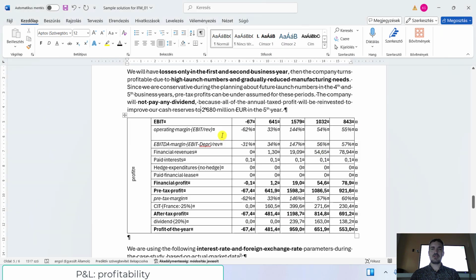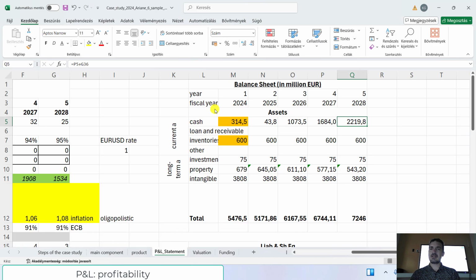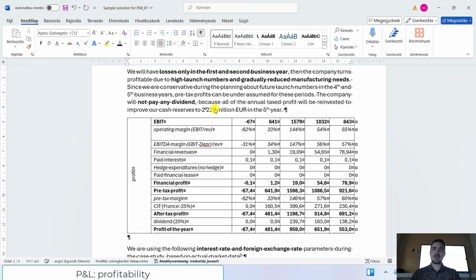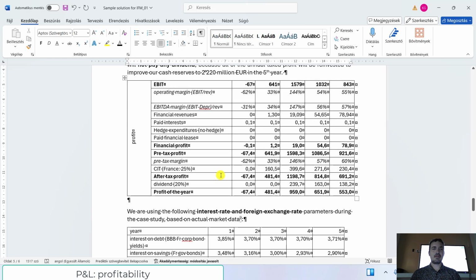Nice. Not that nice like before, but in the 4th year we can earn some money.